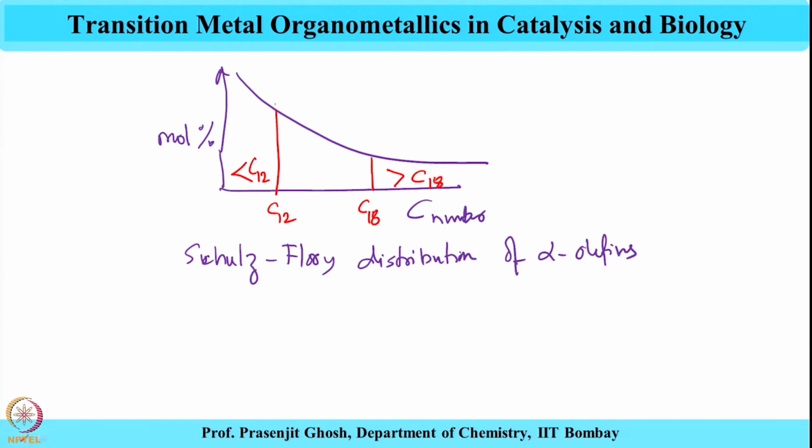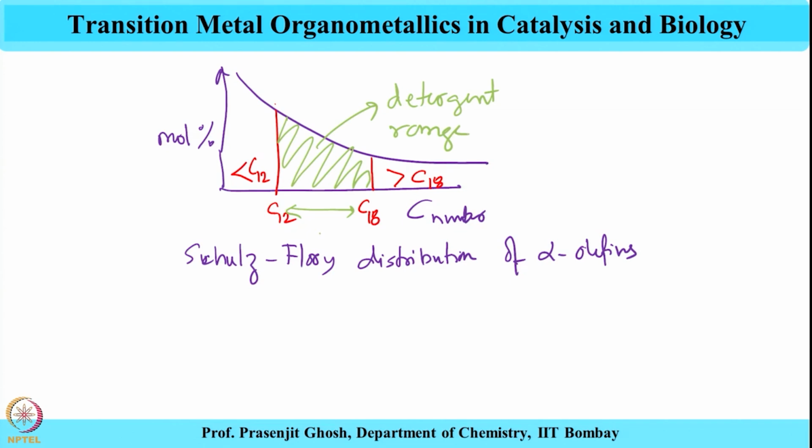Now, what was important over here is that from this distribution only this middle part from C12 to C14 was of importance for detergent range. With them they could make detergent.